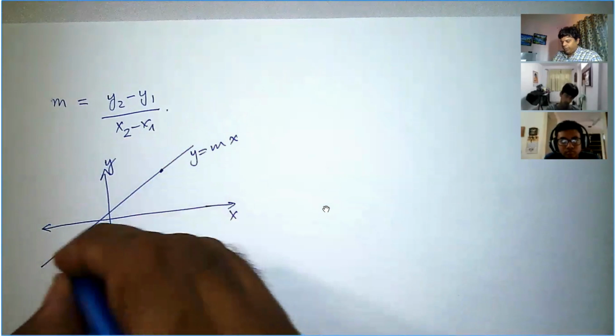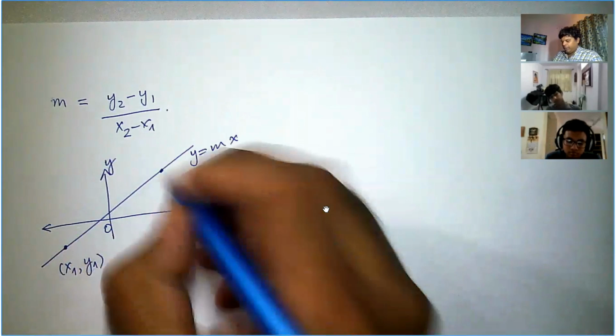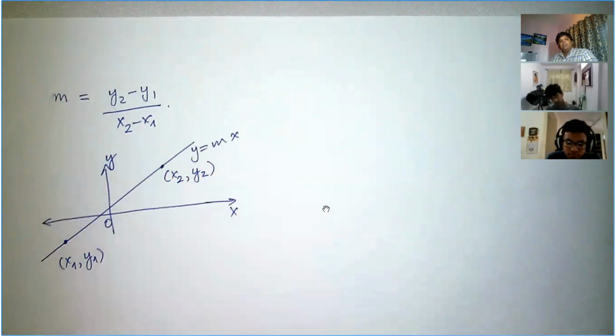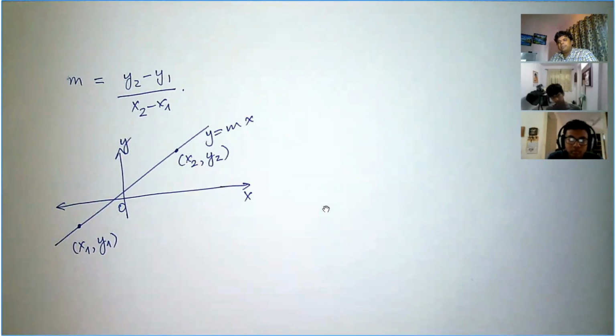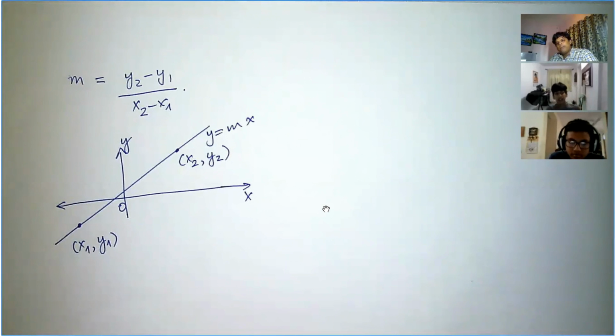I'll take a look at two points. Maybe this one is x1, y1 and this point is x2, y2. What does the slope tell me? It tells you the angle it makes with respect to the x-axis.